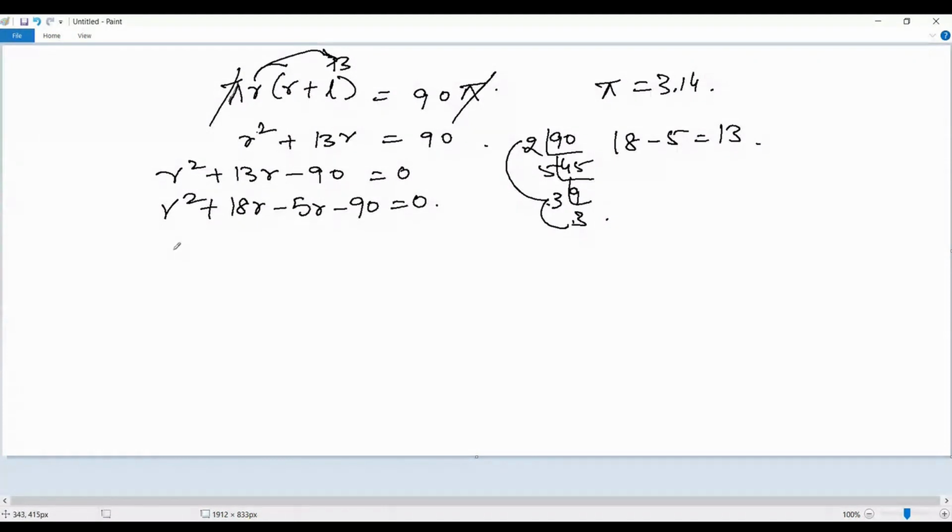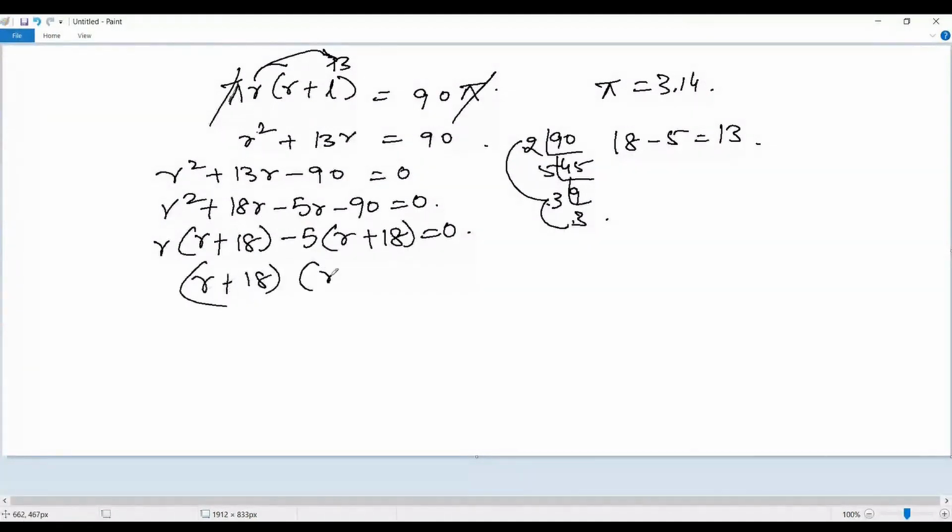Splitting the middle term. Now remove the common factor. r into r plus 18 minus 5 into r plus 18 equal to 0. So r plus 18 into r minus 5 equal to 0.